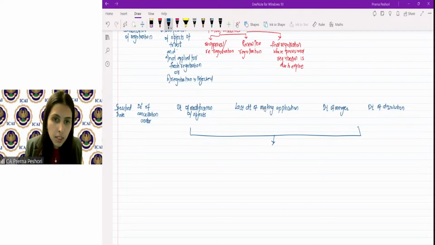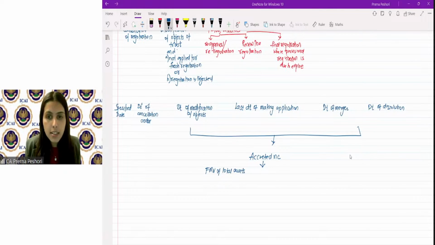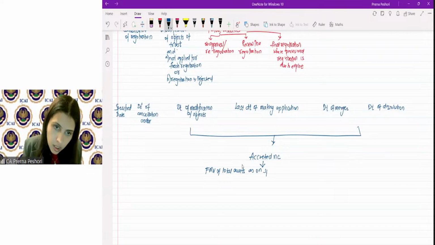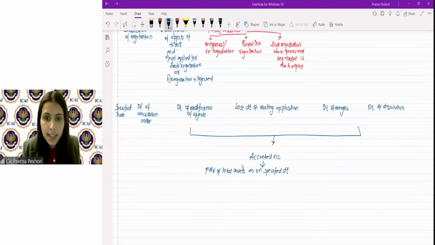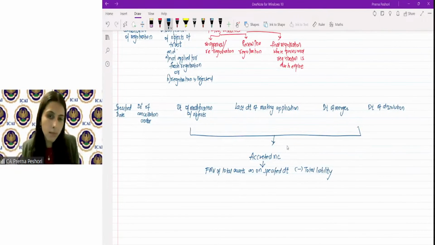Accreted income means the FMV of the total assets as on the specified date, which we have already written, less total liability. So FMV of the total assets minus total liability will be considered as my accreted income.